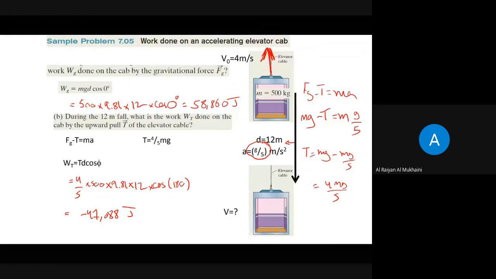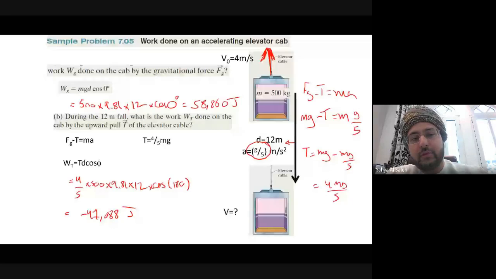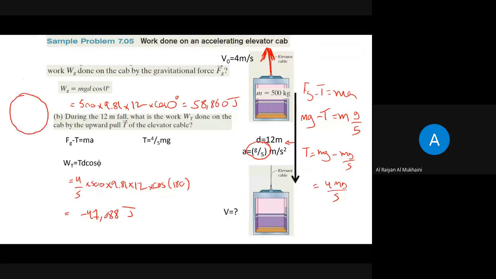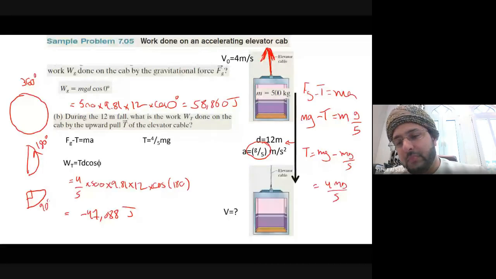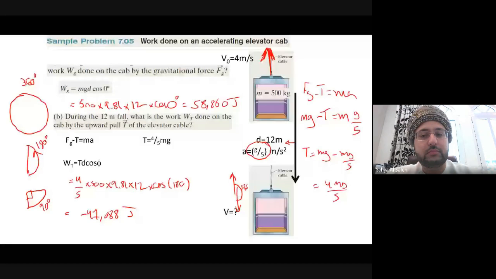Full circle is 360 degrees. Half circle is 180 degrees. Quarter circle is 90 degrees. Your cab is moving down, but your force is up. So this is 180 degrees.